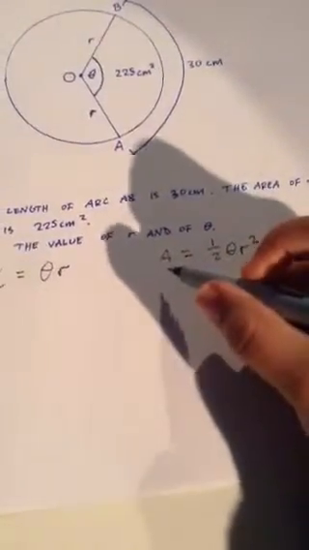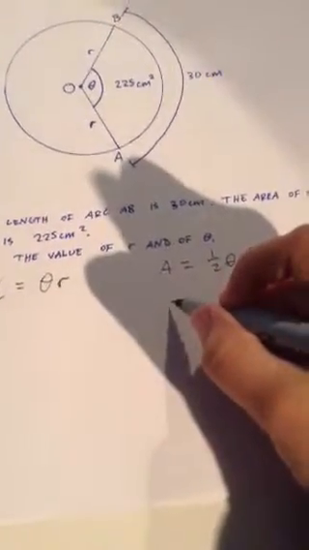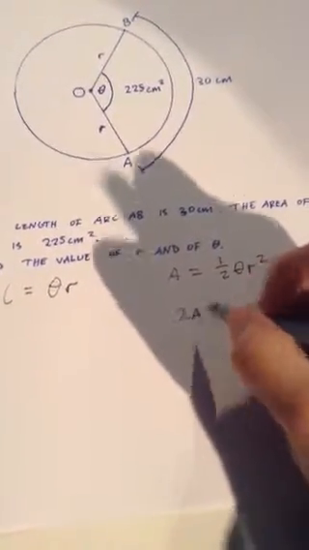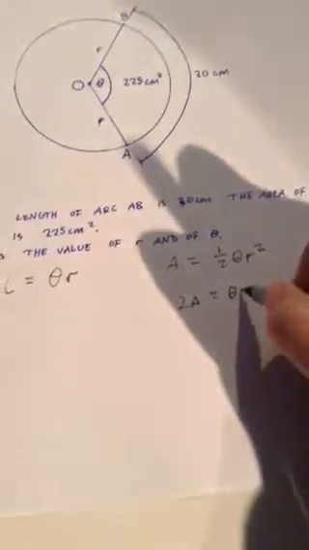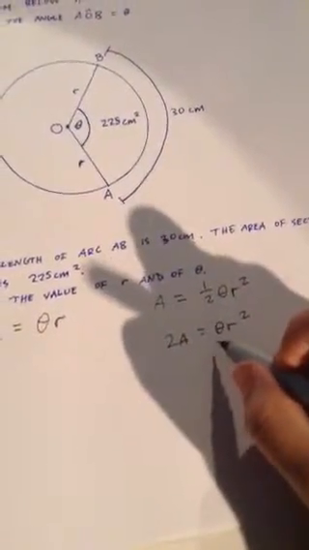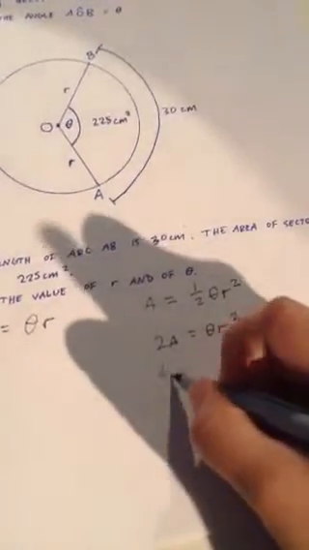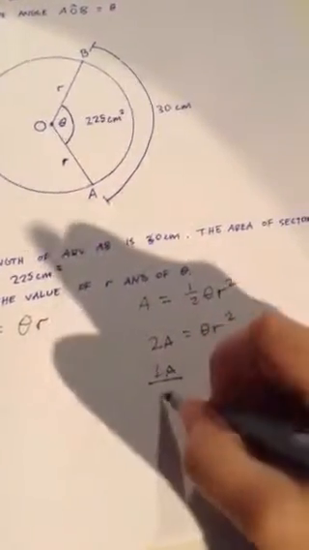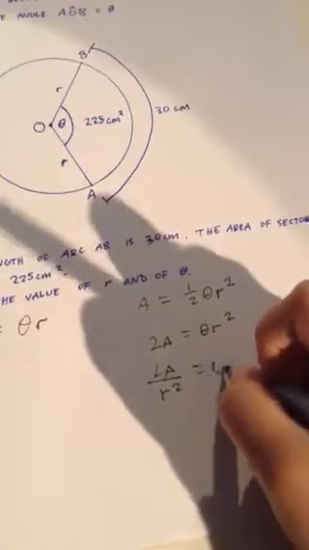So here essentially what you would do is divide the area by 1/2. So essentially it would give you 2A equals theta radius squared. And once you do that, you have to divide 2A by r squared, and it would give you theta, like this, singling out theta.